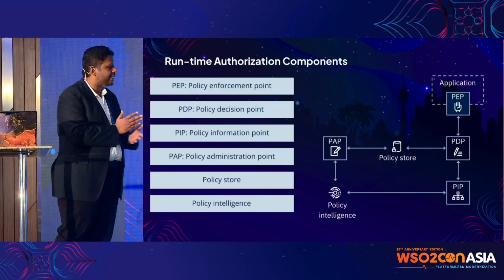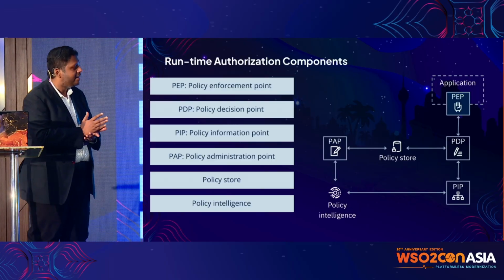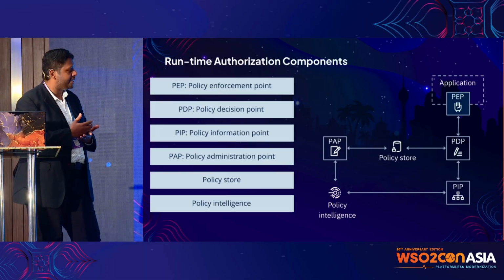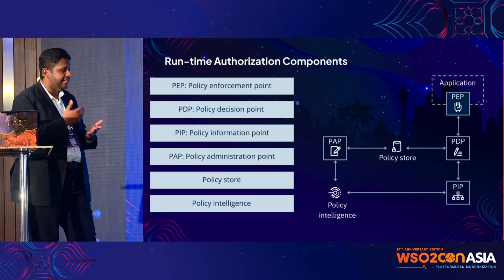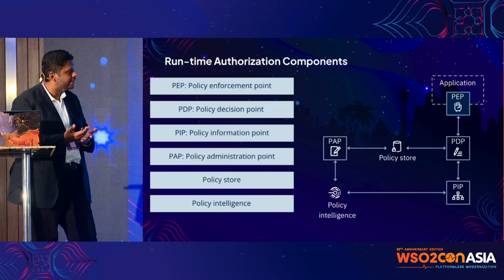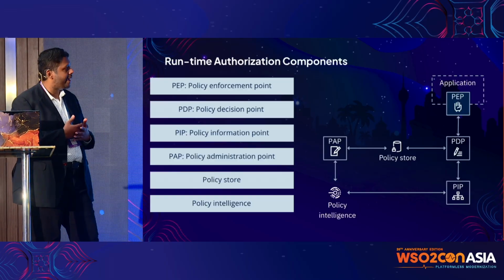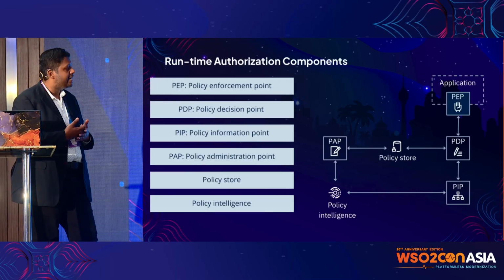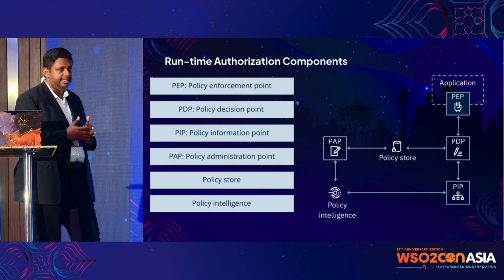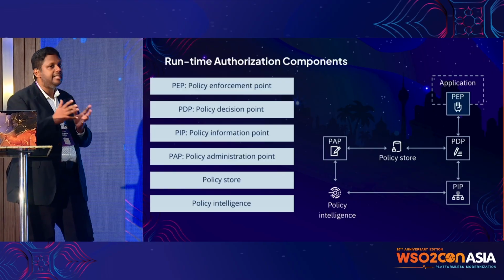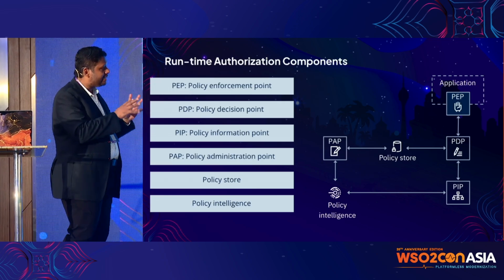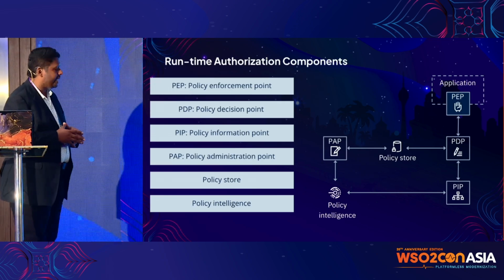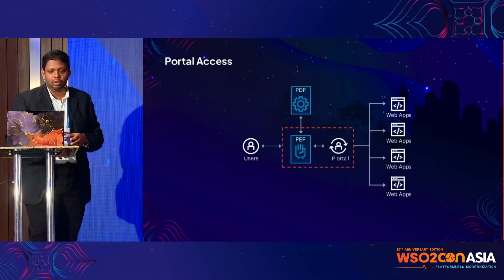And the policy information point, PIP, is when you need some additional information, in addition to what is sent in the request, additional information about the user or the resource they are trying to access, or any other additional information in order to make that decision, right? So according to that policy, there is additional information that is needed. So then you talk to the PIP. So this is basically the fundamental architecture of policy-based authorization.